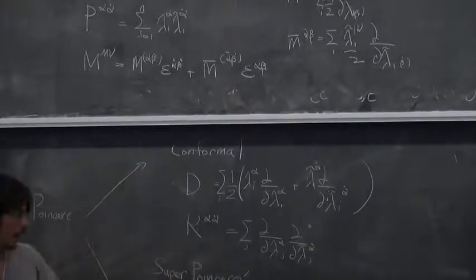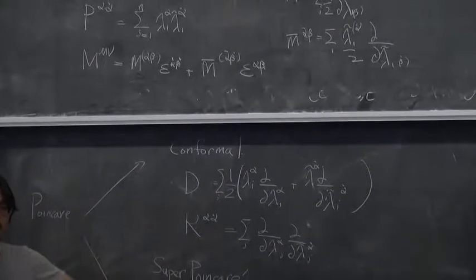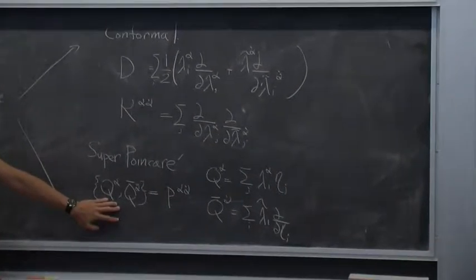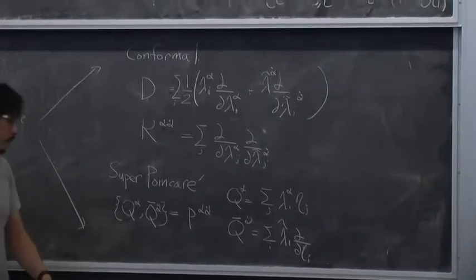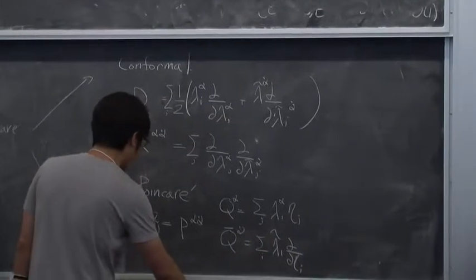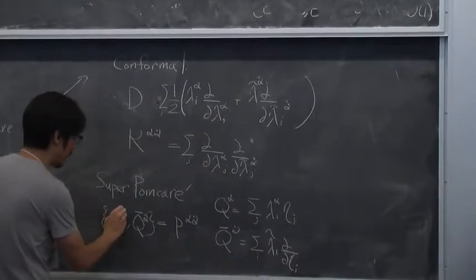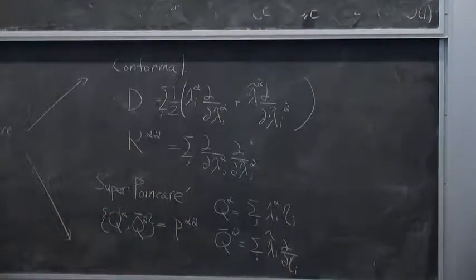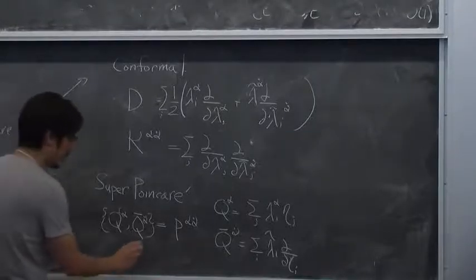Of course, if I have supersymmetry, once I have one of them, I can have a bunch of them, right? So for extended supersymmetry, extended super Poincare, you can just have a bunch of Q alphas and Q bar alpha dots.